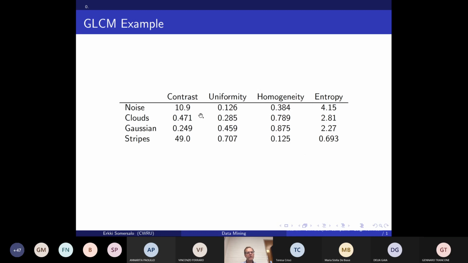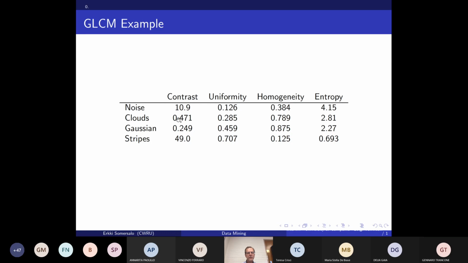So let's take the noise picture. The noise picture typically has a high entropy. Entropy measures randomness, and sure enough, the noise picture is really a random image. The clouds image was also random, but not that sort of random, and so its entropy is much less. Stripes, for instance, are not random at all, and so the entropy is low. The contrast in the stripe image is large, and so it is in the noise image. So those two are high contrast images, while the clouds and Gaussians are not.